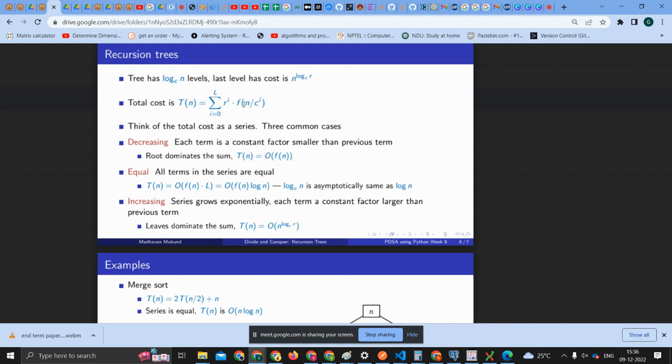It's the function of n by c. Look at this, f of n, that's it, big O of f of n. In this particular case, it's n square, the highest value, correct.